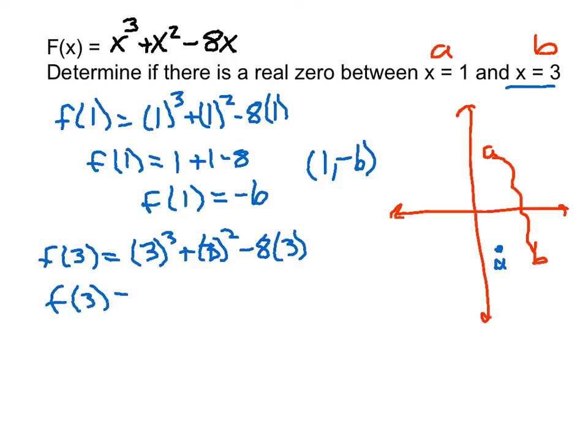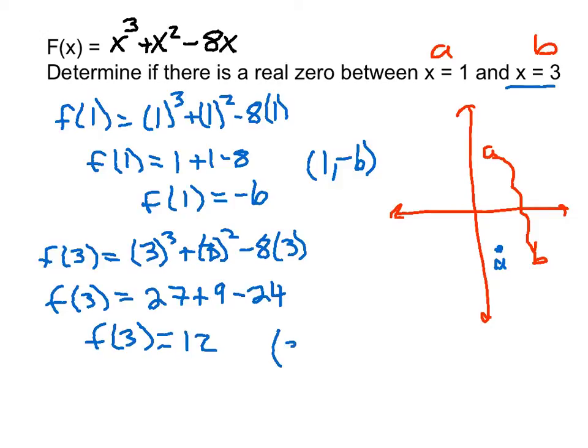And we get, 3 to the third power is 27, plus 3 squared is 9, minus 24. So if you were to simplify that, 27 plus 9 minus 24 is going to give us a value of 12. So that point is (3, 12). That would maybe be all the way up here, and we'll call this our B. This is a good sign.